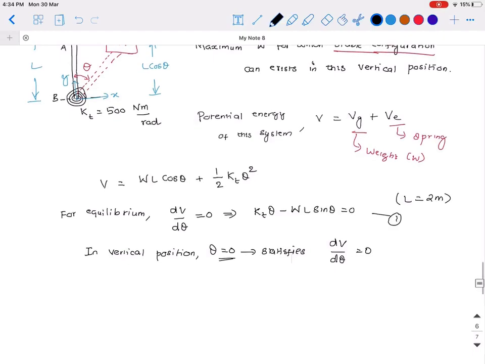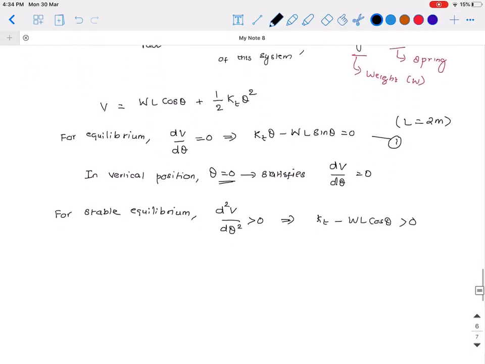For stable equilibrium, d square V by d theta square should be greater than 0, which implies kT minus W L cos theta should be greater than 0.